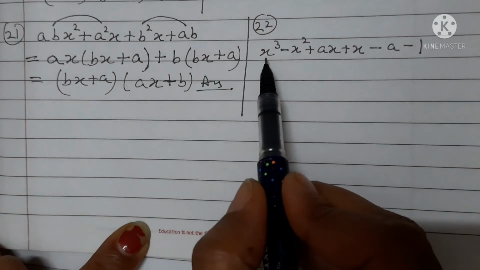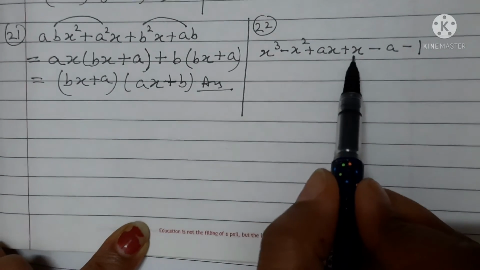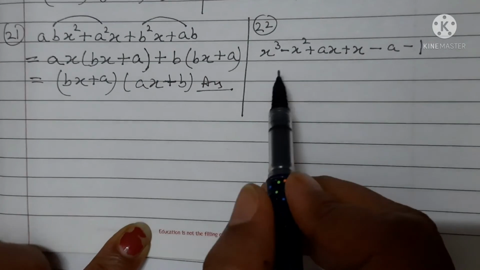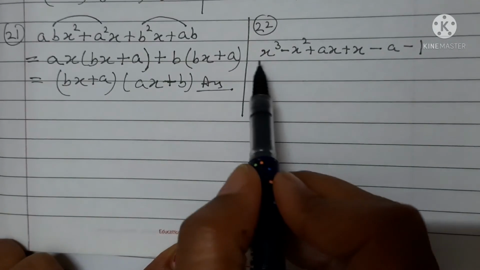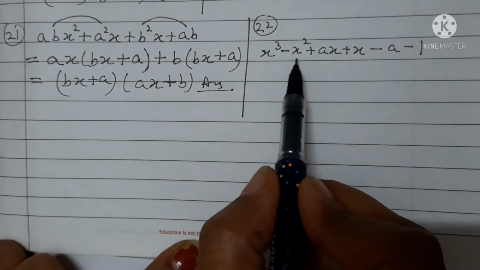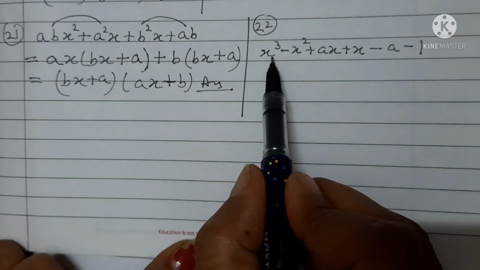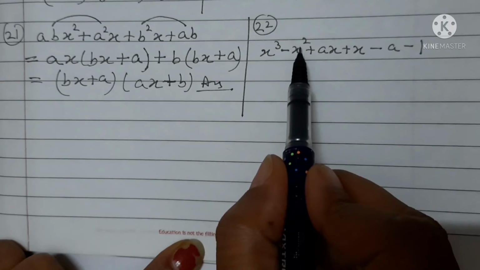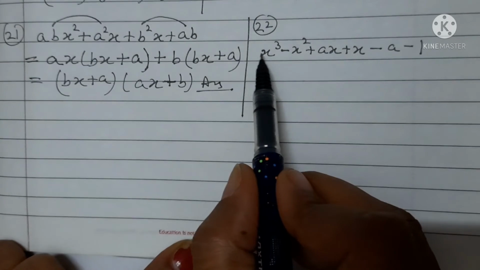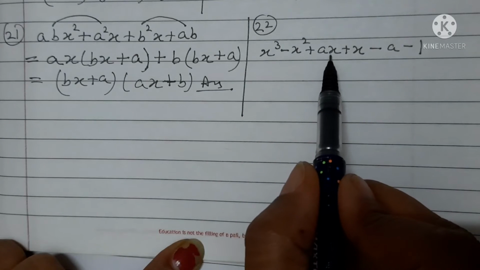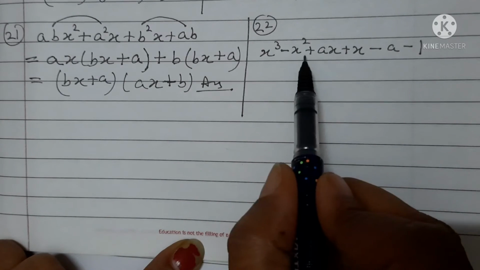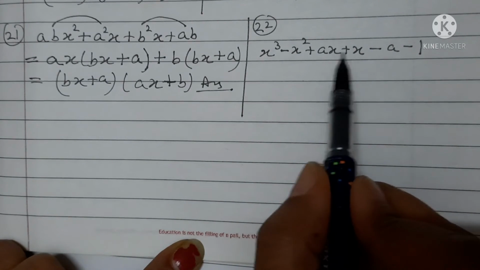The question number 22, x cube minus x square plus ax plus x minus a minus 1. This is somewhat lengthy, but try to make groups. If we take together x cube minus x square, so x square is common, x minus 1 in the bracket, and here you can take x common, a plus 1 in the bracket.